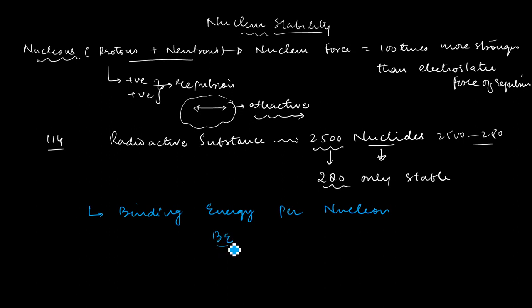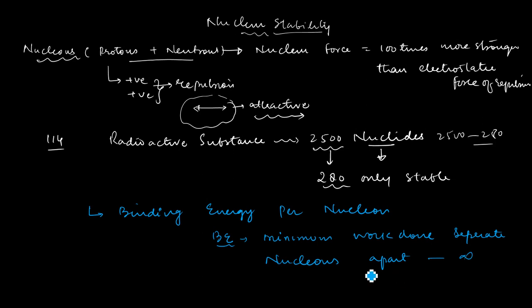We know binding energy is the minimum energy or minimum work that you have to do so that you can separate the nucleons apart, at infinite distance, wherein there will be no resultant attractive force between those nucleons. Now how does this binding energy per nucleon determine the nuclear stability?